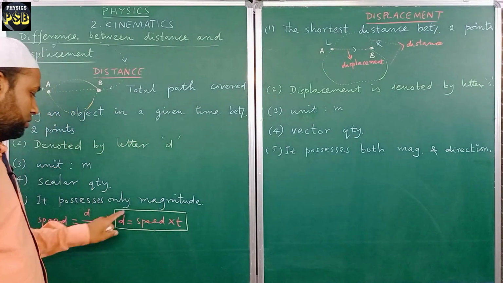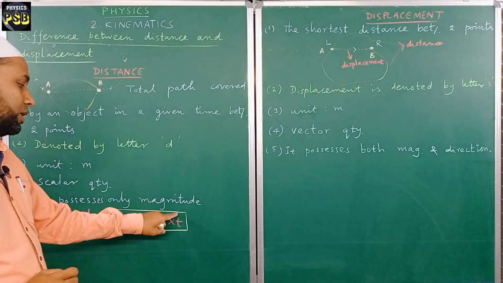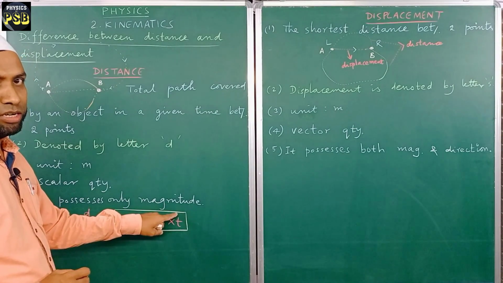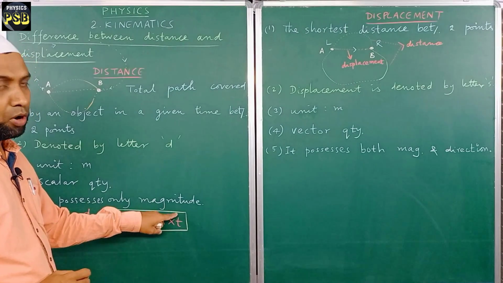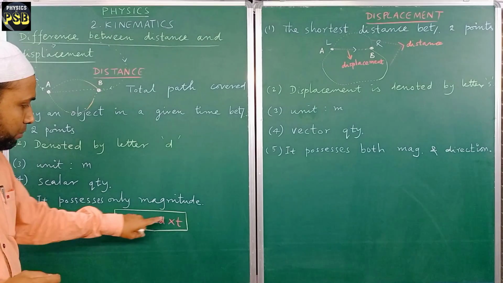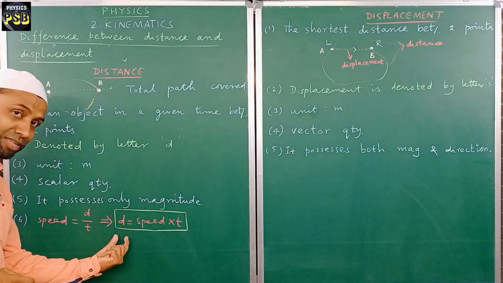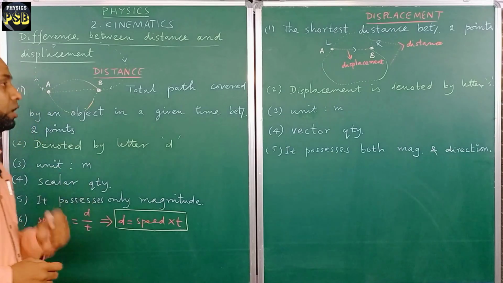Okay, so this is the formula used to calculate distance, if you know the time taken by an object to reach the destination from its initial point and the speed with which it is traveling. Here both the time and speed are a scalar quantity, so the product is also a scalar quantity.